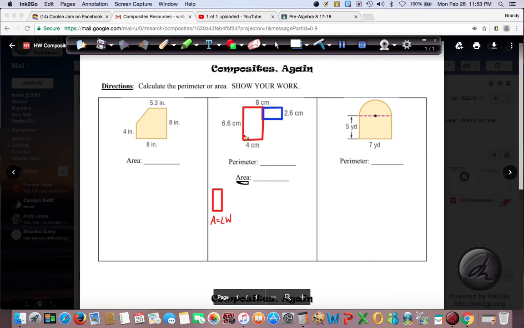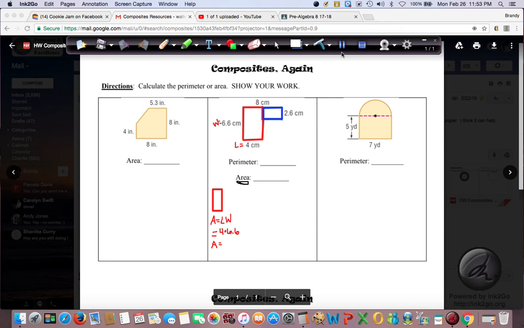For this rectangle right here, we can make our length 4, and our width 6.6. And it does not matter if you wanted to flip them around, that's fine. Just make sure that you multiply both of them. So we're going to have 4 times 6.6. And that should give you the area of the first rectangle.